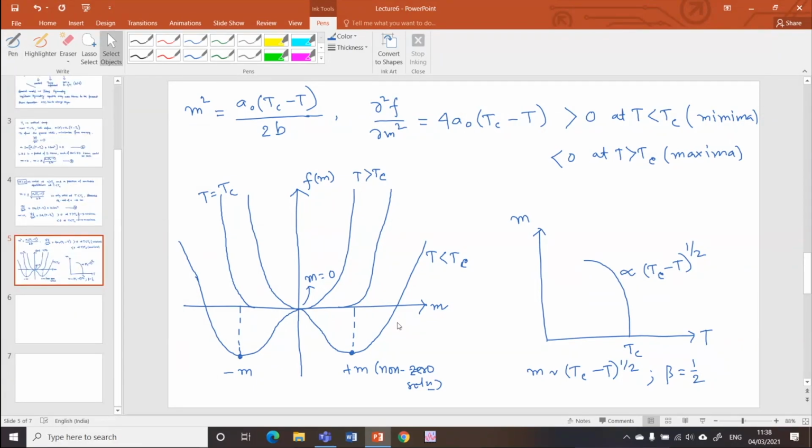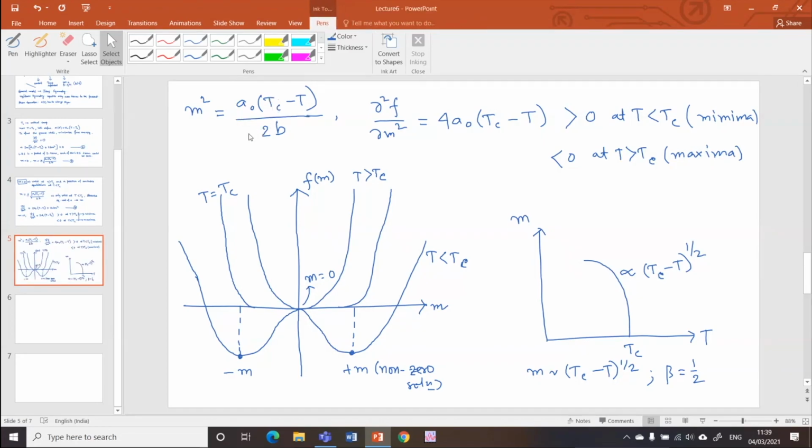Yes, sir. I understand the graph. Okay, now tell me how I am getting this expression, that this right hand side graph goes as (Tc minus T) to the power half. I wrote this expression here.